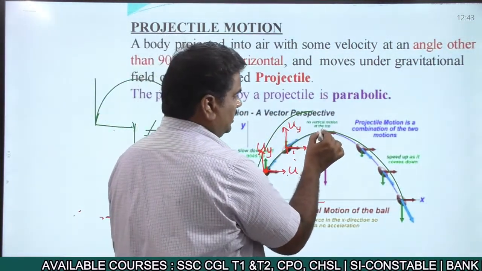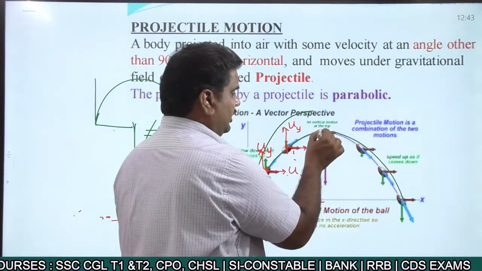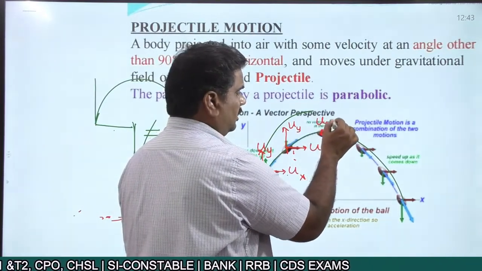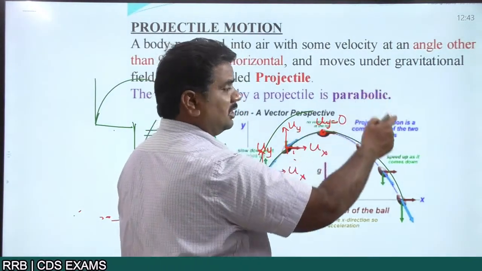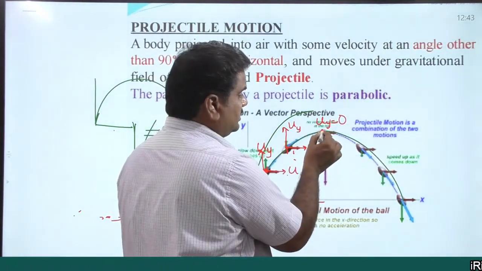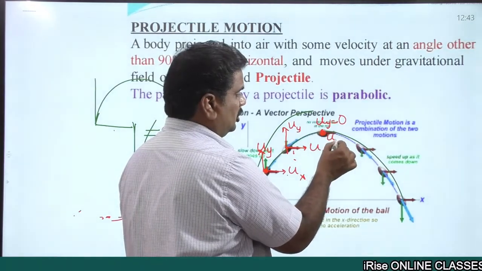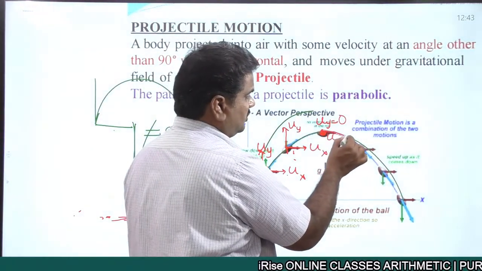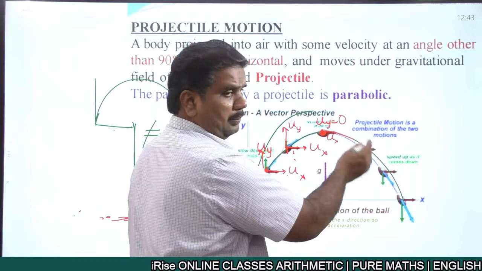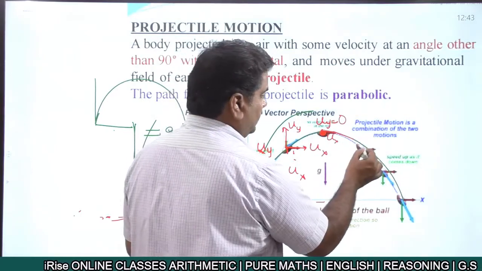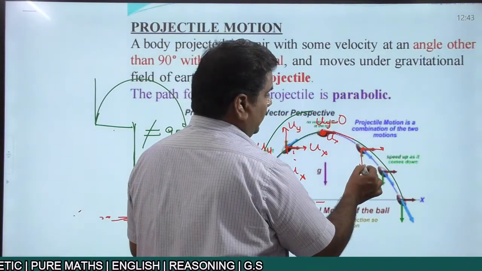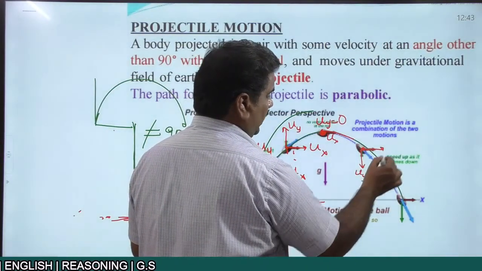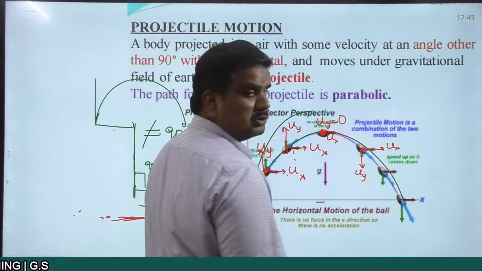Now at this particular point, the vertical velocity uy is equal to 0. That is the reason why the object is not rising up any further. But since it has a certain amount of horizontal velocity, the object is trying to cover some distance on the x-axis. At this particular point, again you have a certain amount of horizontal velocity, and at the same time a certain amount of uy, ux as well as uy.